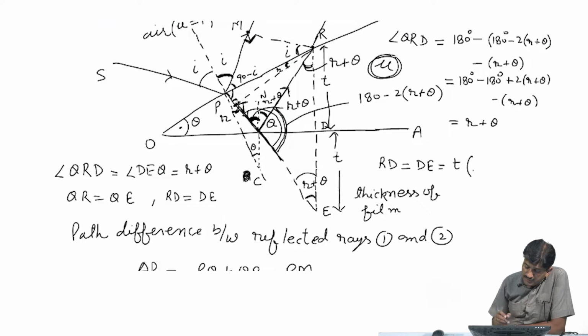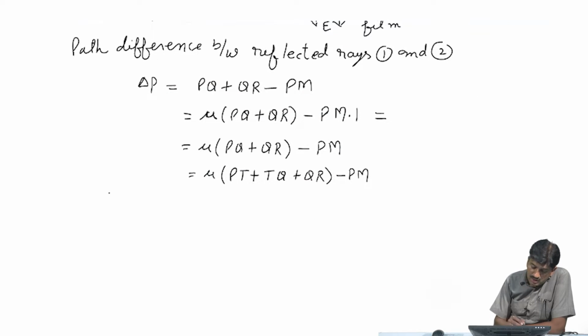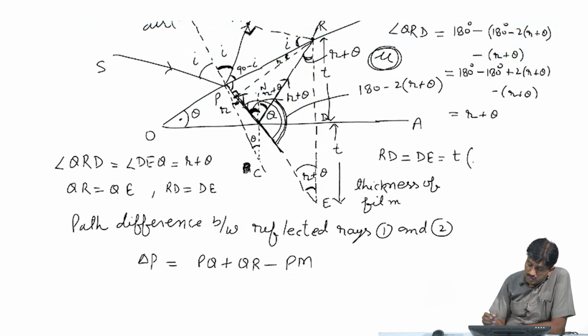In this diagram this angle is R and this is 90 degrees. It means we can consider sin R. In triangle PTR, sin R should be equal to PT upon PR. This line is PT, and this line is PR.